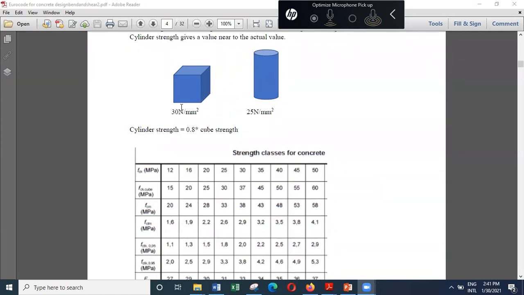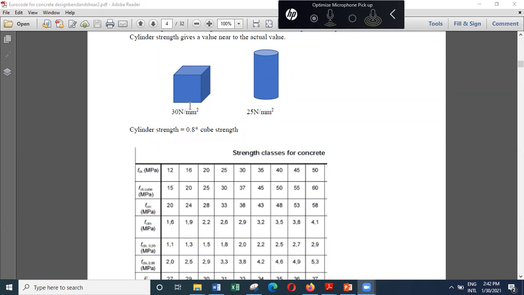Now, when you are testing a cube, we have a thick steel plate here. We have another thick steel plate here. So these plates can actually restrain the expansion of concrete. So what actually happens in the cube testing is, you are applying a load in the vertical direction.